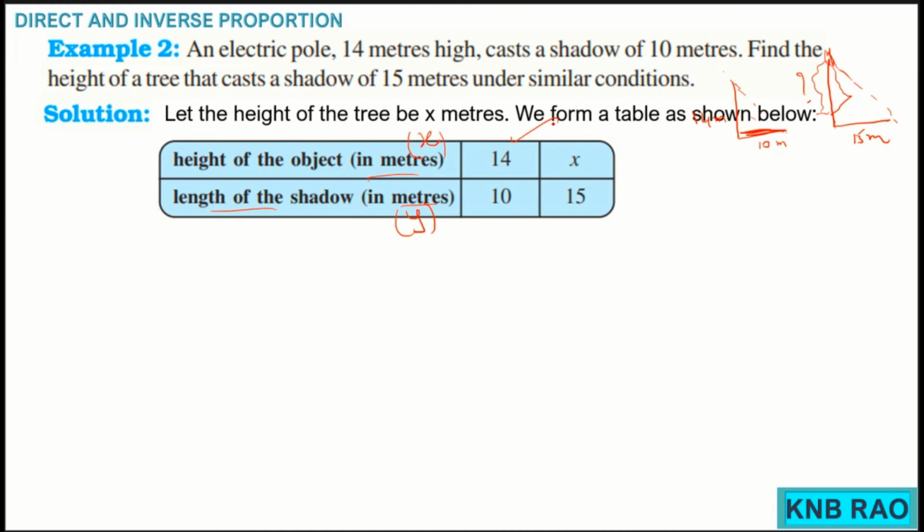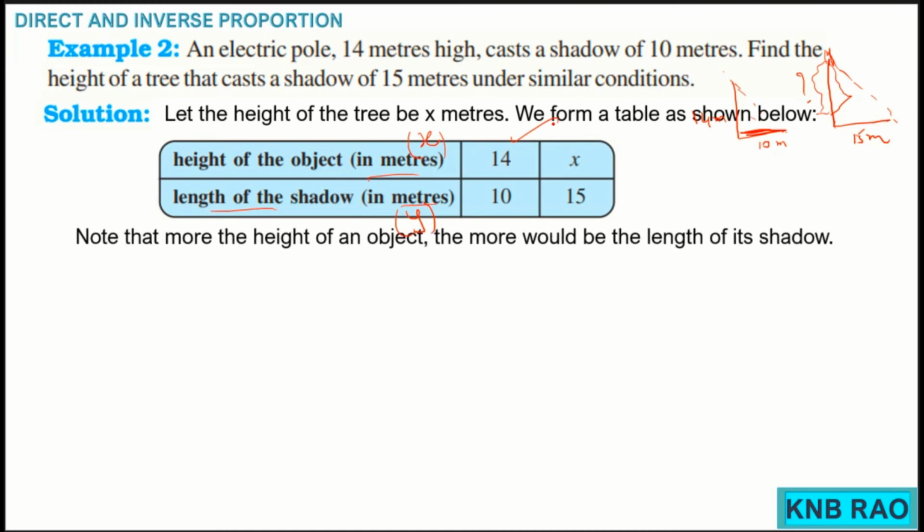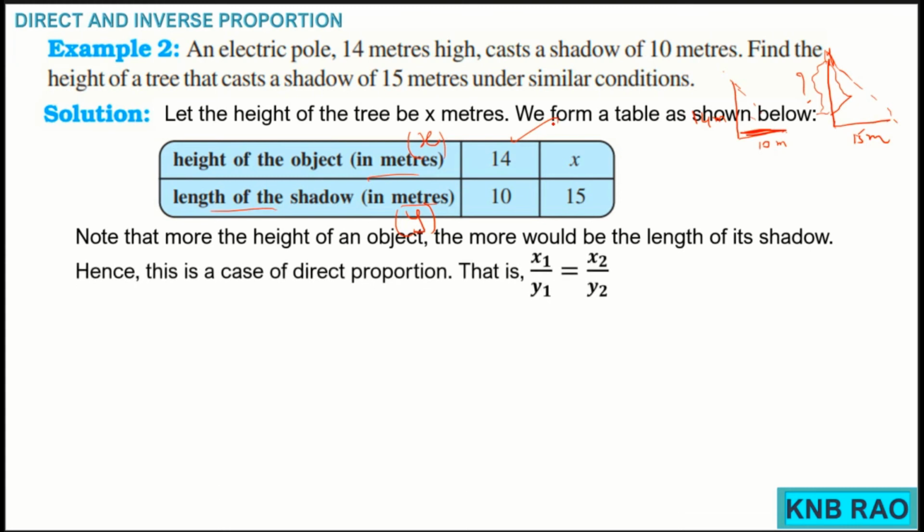Note that the more the height of an object, the more the length of its shadow. Therefore the height of the object and the length of the shadow are in direct proportion. In this case of direct proportion, I am taking x1 upon y1 equals x2 upon y2, where 14 by 10 equals x by 15.